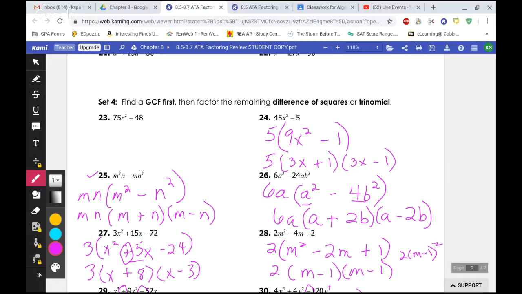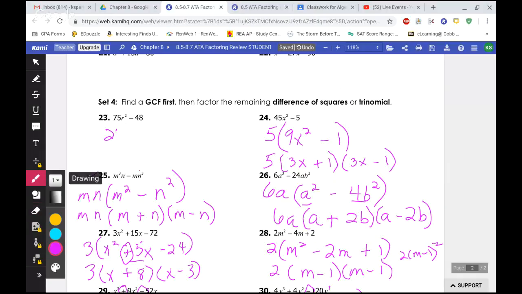So the next prime number we come to is 3. And the divisibility test for 3 is to add the digits and see if they're divisible by 3. 7 plus 5 is 12, and 12 is divisible by 3. 4 plus 8 is 12, and it is divisible by 3. So 3 goes into 75 25 times.